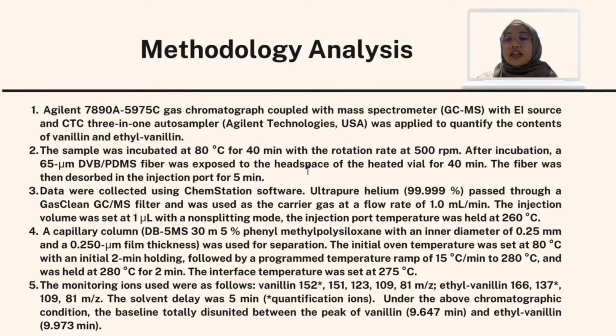The initial oven temperature was set at 80 Celsius with an initial 2-minute holding, followed by a program temperature ramp at 15 Celsius per minute to 280 Celsius and held for 2 minutes. The interface temperature was set at 275 Celsius. The monitoring ions were used as follows.